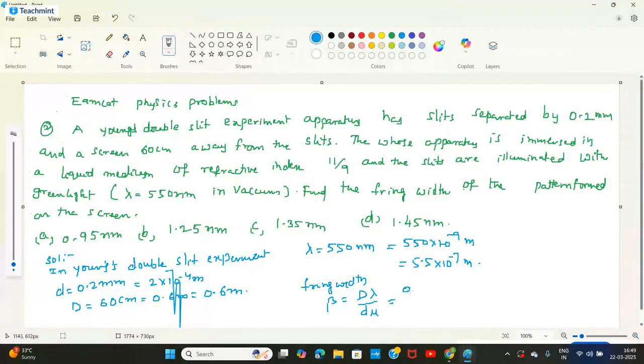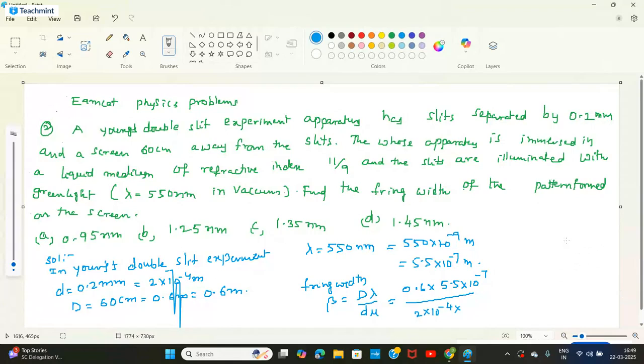So capital D means 0.6 into lambda is 5.5 into 10 power minus 7 divided by this small d is nothing but 2 into 10 power minus 4 into mu. Mu is given, refractive index is given 11 by 9.